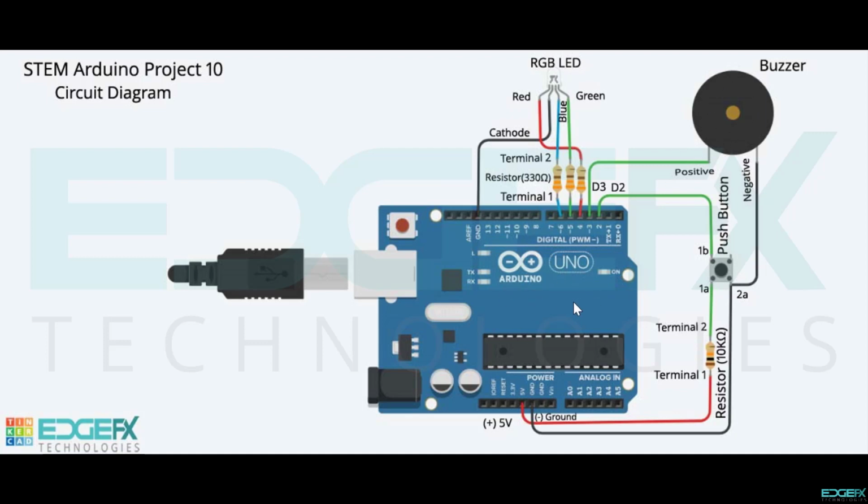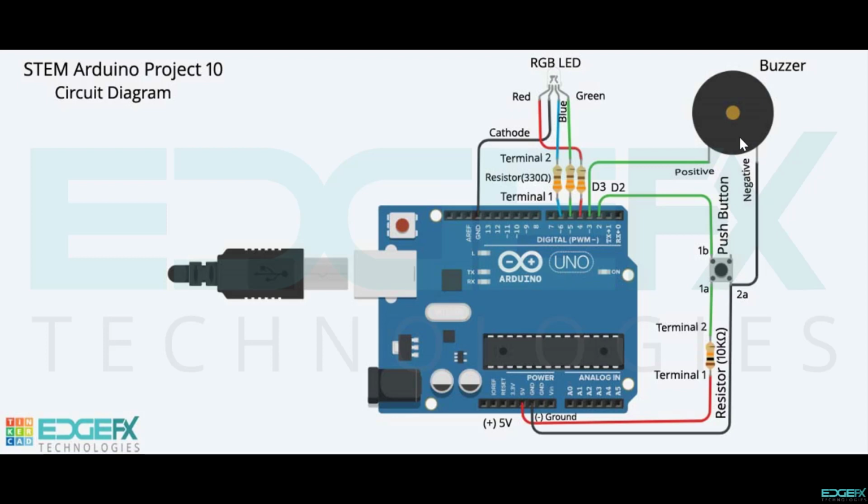The program is written in such a way that when you press the push button switch, the input pin D2 changes the state to logic low, and the output pin D3 changes the state to logic high in closed path 2, thus activating the buzzer.